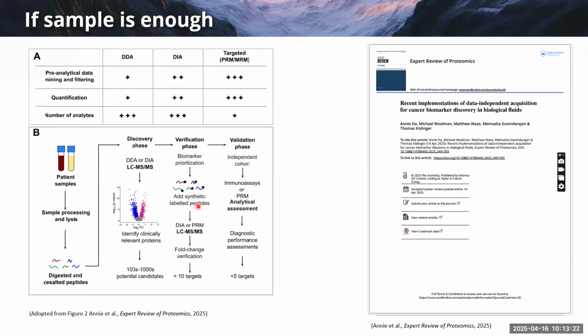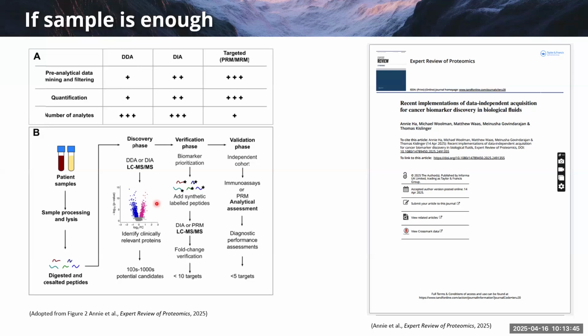We develop the PRM method or the MRM method to decrease the number of targets, and then finally we use the clinical samples or the large cohort to do the validation to get the final result. So this workflow is well prepared, and a lot of people like this one.